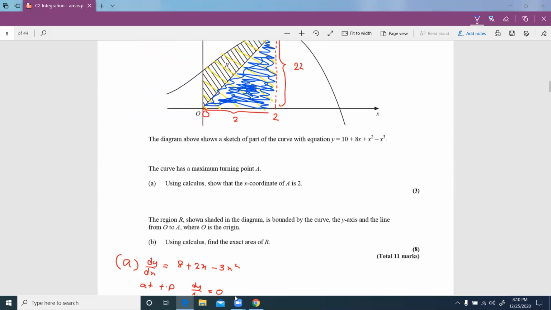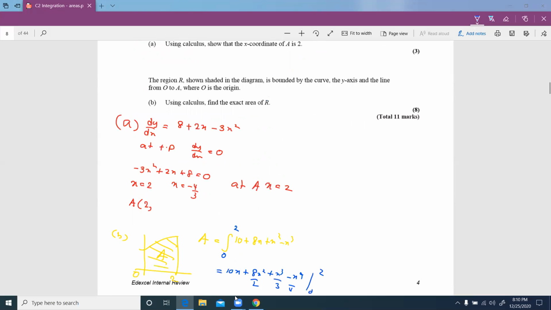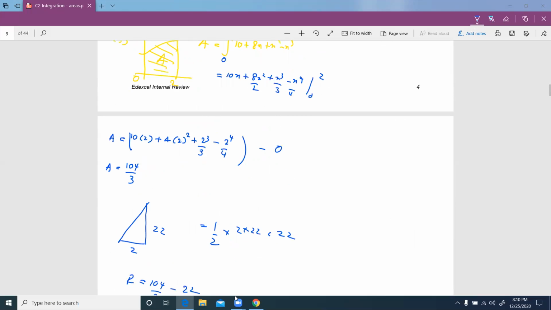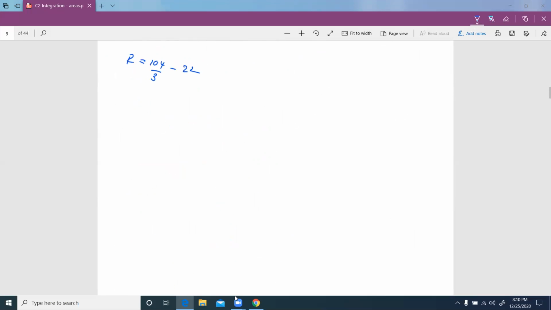So minus 22, you obtain the answer 38/3. So the region R becomes 38/3. Okay, that's how you need to get this.